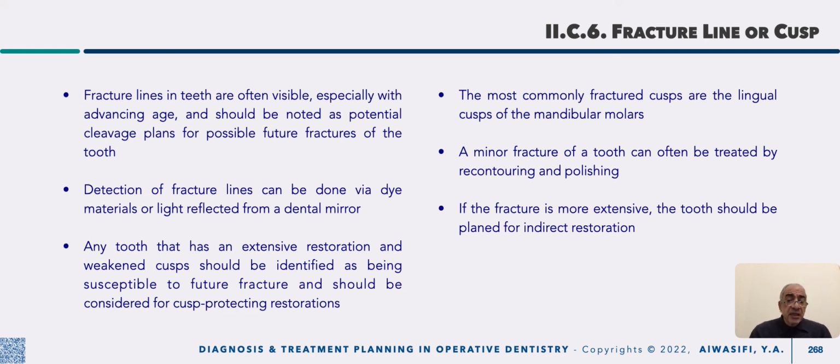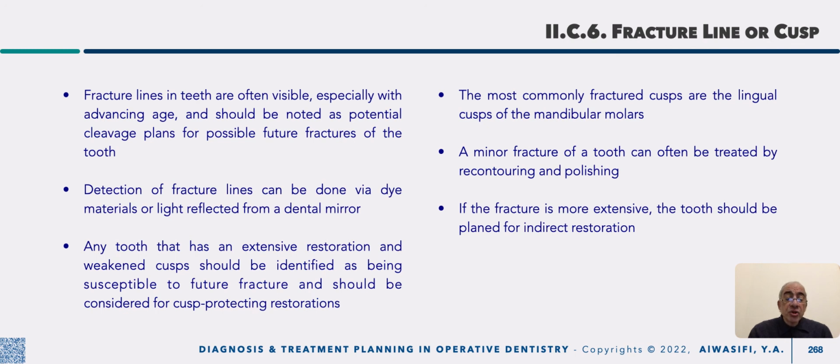Any tooth that has an extensive restoration, especially if it is not a bonded restoration, is expected to have fracture lines and a weakened cusp. That's why if your patient has an extensive amalgam restoration, then re-examine your weak cusps for the presence of fracture lines.